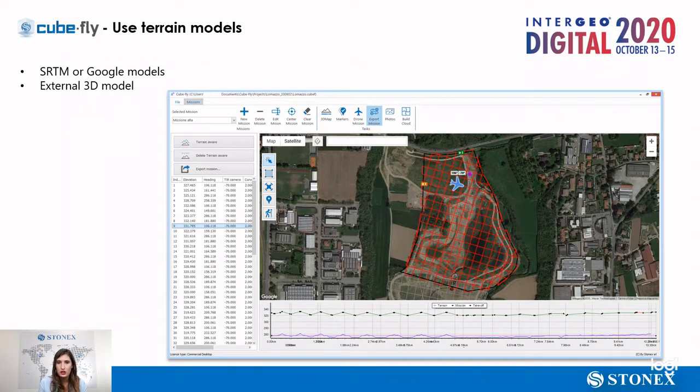The mission is created, and now it's time to export it. But before exporting the mission, there is still one step that you can choose to perform or not, and it is the use of terrain models to consider the path of your field.